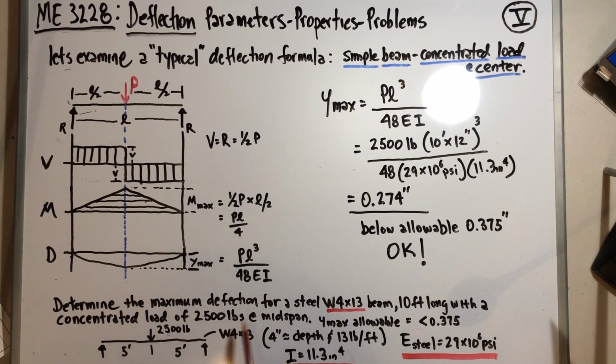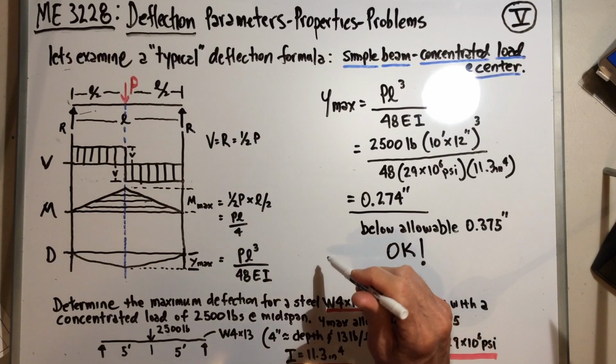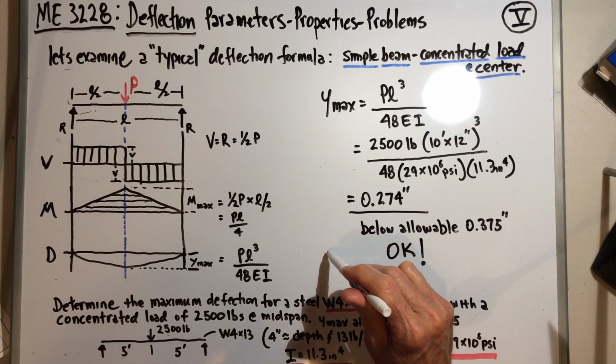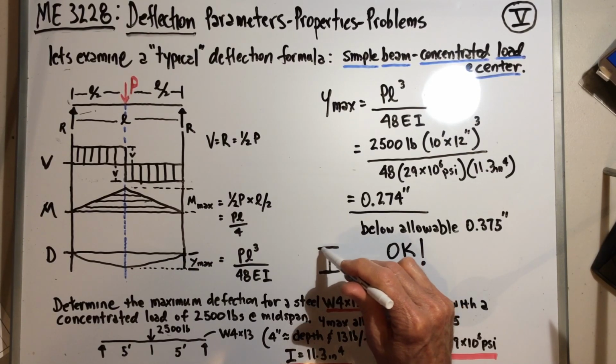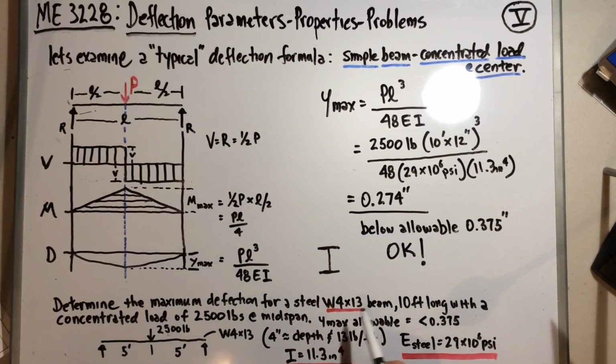And we're going to determine the maximum deflection for a steel W4x13 beam. Now, let me tell you a little bit about what this W4x13 beam is essentially. This W4x13 basically means, you might call it an I-beam, all right, but the technical term nowadays is W, which stands for wide flange.